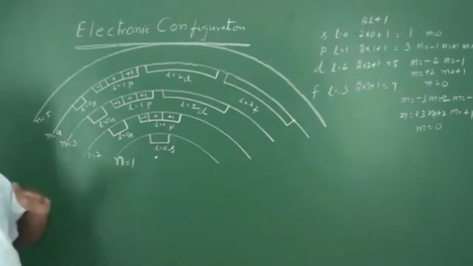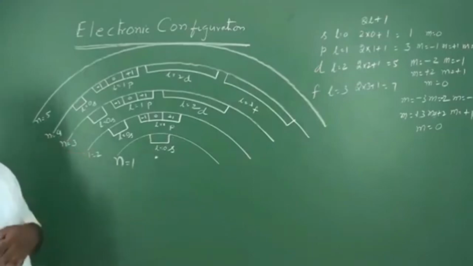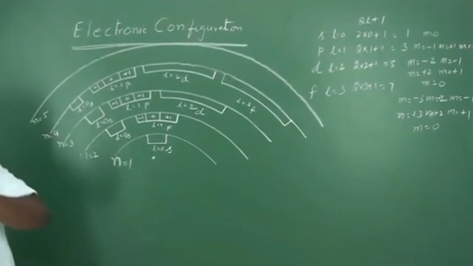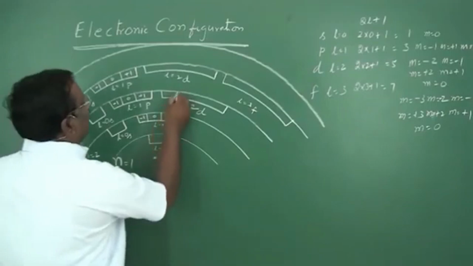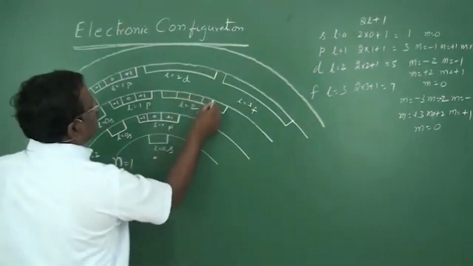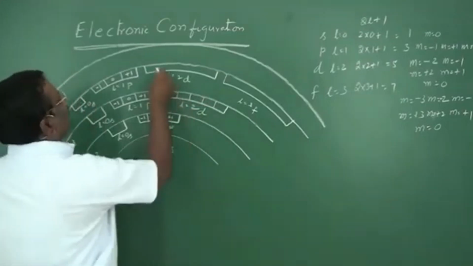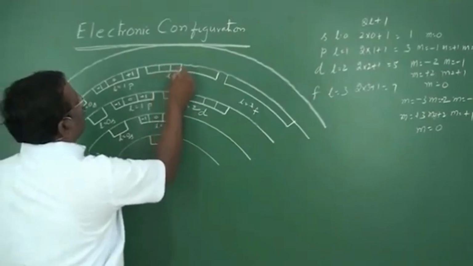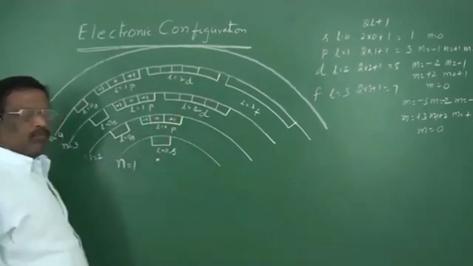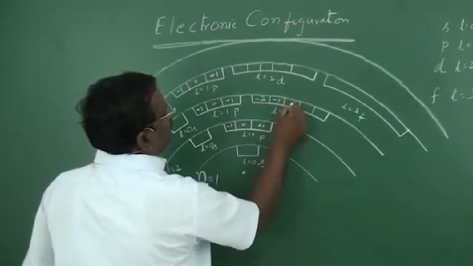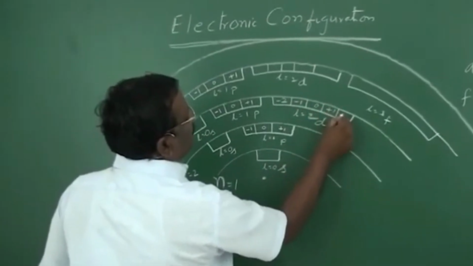Now, if you take D sub-energy level, its L value is 2. So the maximum number of orbitals that can be present in that sub-energy level is equal to 2L plus 1, that is 2 into 2 plus 1, that is 5. So in D sub-energy level, we have 5 orbitals: 1, 2, 3, 4, 5. And each orbital will have a different M value. The M values are minus 2, minus 1, 0, plus 1, plus 2.